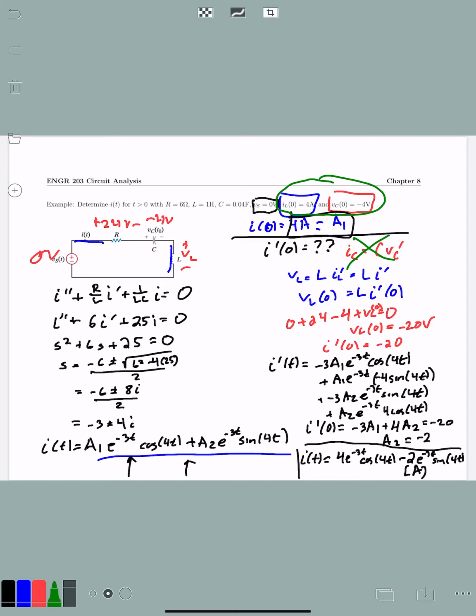On future problems, they're not going to give us that, so our first step will be to find those, and that's going to take a bunch of work. Once we've found them, we go back and do all of this again to finish the problem. So chapter 8 problems are generally very long, and we will see that as we do more of them. But this is our first example here.